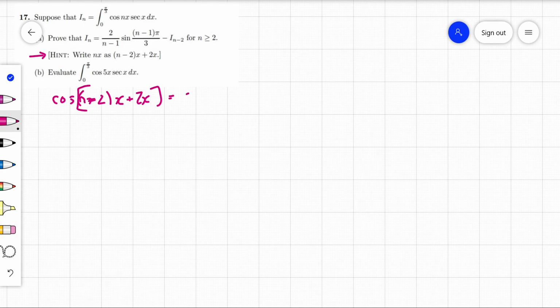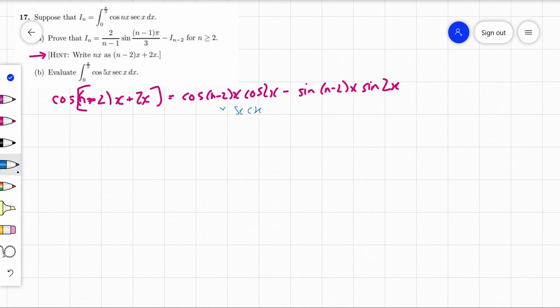So if I expand that out, remember I get cos cos minus sine sine, when I expand it. All right, so really that's for the cos nx, so I'm just putting a sec x with each of those. So I'm going to be multiplying this one by sec x and multiplying that one by sec x in order to get back to my In.